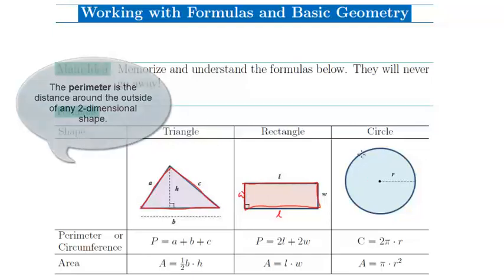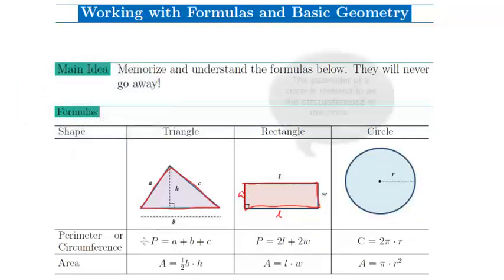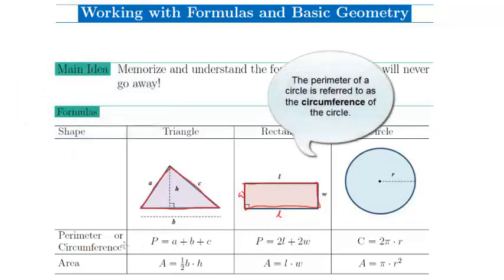There's going to be two lengths and two widths. And then the perimeter of a circle, well, we give it a special name. The perimeter of a circle is called the circumference of a circle. The circumference, or the perimeter of the circle, is the distance around the outside of the circle.